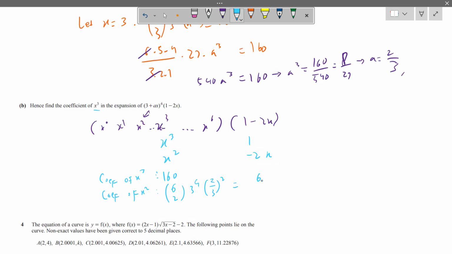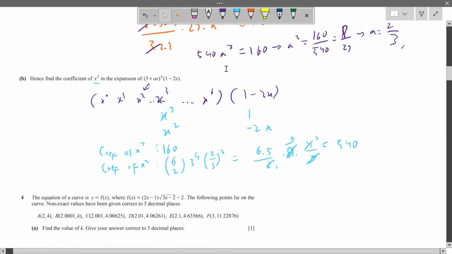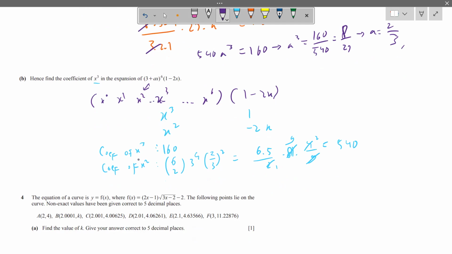So 6 choose 2 is 6 times 5 over 2, times 81 times 4 over 9. So this here, and then this here. So 30 times 18 is 540. So now this is the coefficient of x squared in the left polynomial.